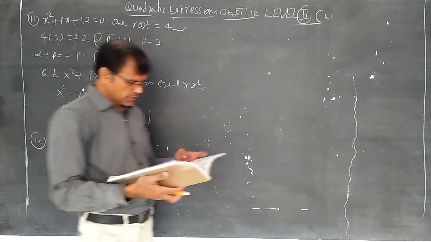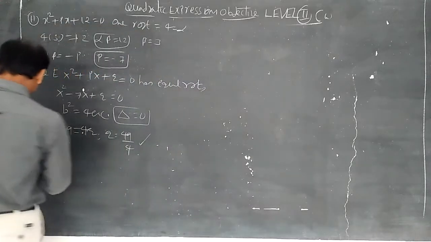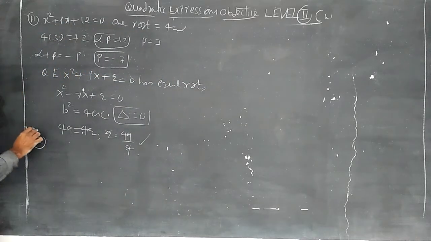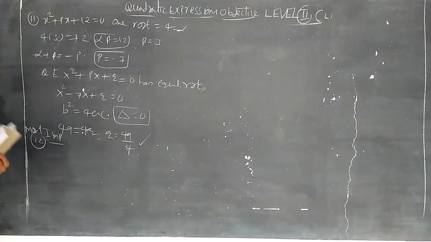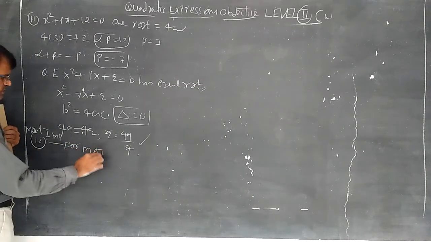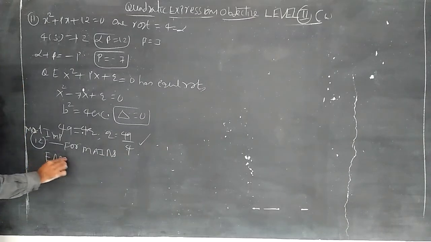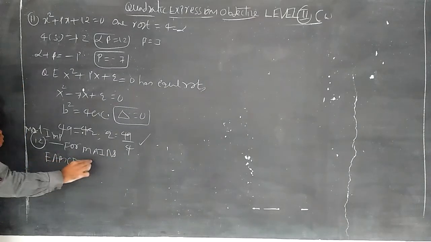Now let us discuss the 12th question. Students, this is most likely a question you may get in any standard book. Of course, some are easy. For all competitive exams, this is a big question.